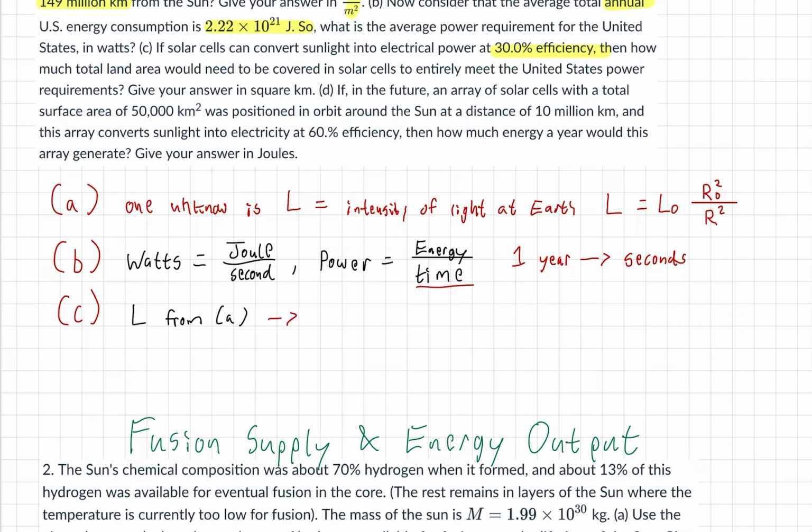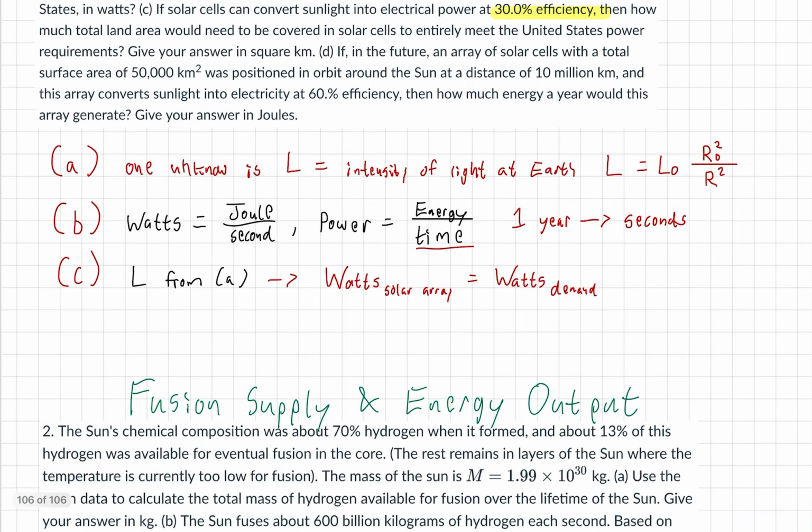Well, watts is exactly what we solved for in part B. That's what we need to have. If we're going to meet the needs of the nation, we need to be producing enough power per year. So we simply need to match the watts of the solar array to the watts of demand, all right, that you solved for in part B. Okay, and why did I mention the luminosity from A?